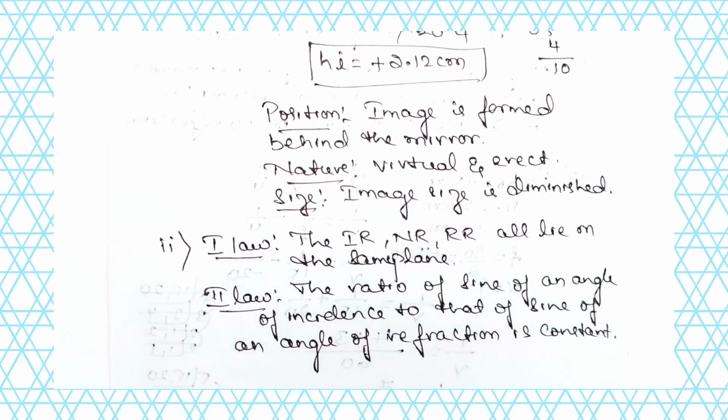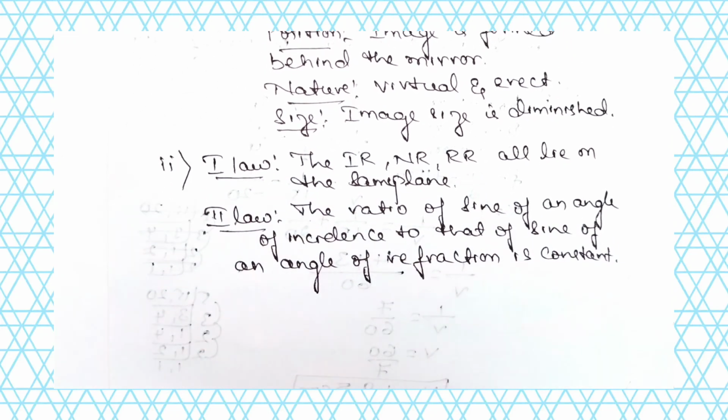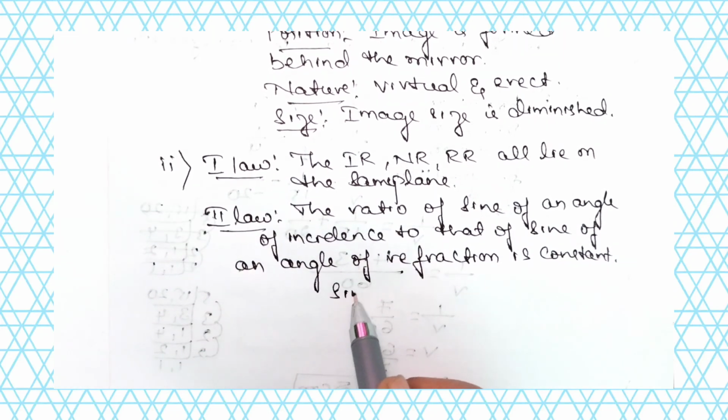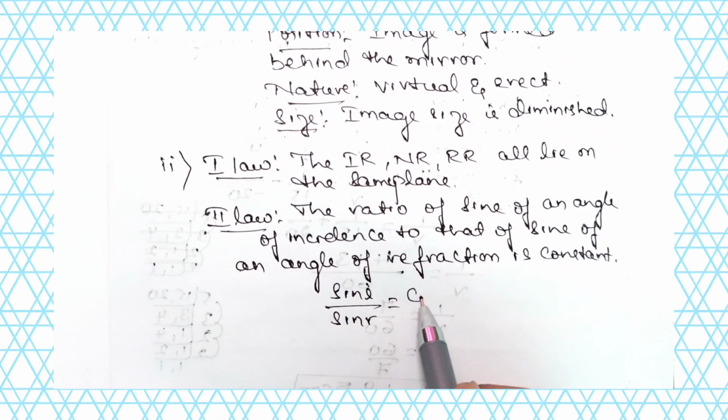So this is the law of refraction. So according to the second law, sin i divided by sin r is equal to constant.